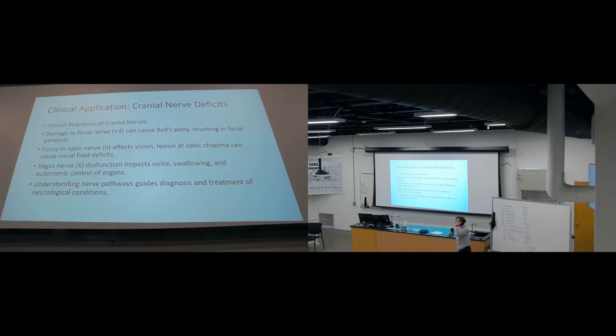Okay, so there are several deficits for cranial nerves, and typically it can happen after someone has a head injury or a stroke, of course, which is part of these injuries.